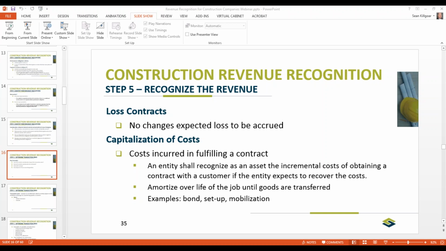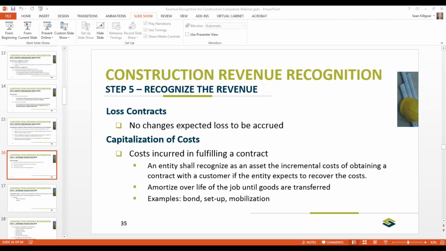And what would happen here is that these costs would be pulled out. One of the issues that's come up is how to deal with bond costs. The cost of getting a bond for a project would be pulled out of the job and amortized. So this is a little bit of a difference. It's going to be a different presentation. Economically, it's not going to be different, but it certainly will be a little bit of a different presentation.